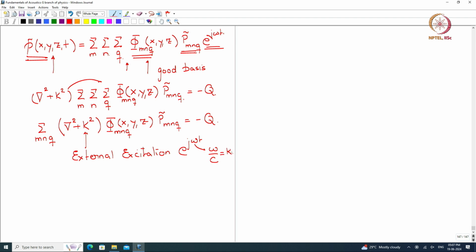But now we have del square of phi mnq, and phi mnq we wrote on the previous page, and del square is del 2 del x square plus del 2 del y square plus del 2 del z square in rectangular Cartesian coordinates.